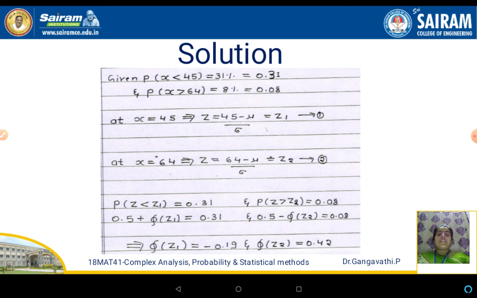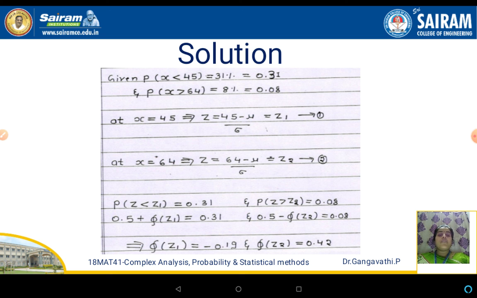P of z less than z1. So consider your first expression, z less than z1, which has been given as 0.31. P of x less than 45 has been converted to P of z less than z1, which is 0.31, which can be written as P of z less than 0 plus P of z1 less than z less than 0, which is 0.5 plus phi of z1, equal to 0.31.